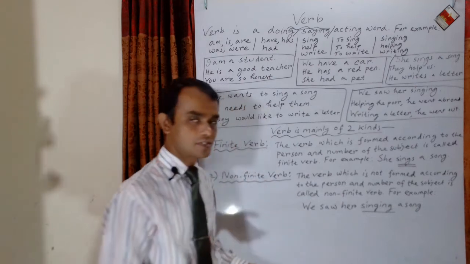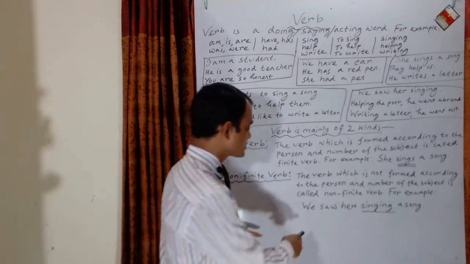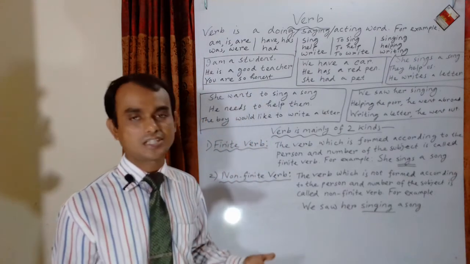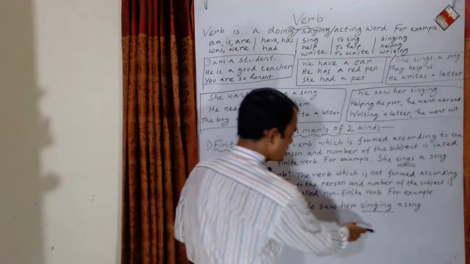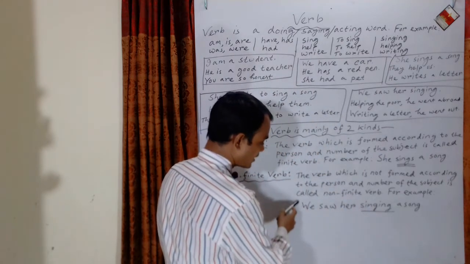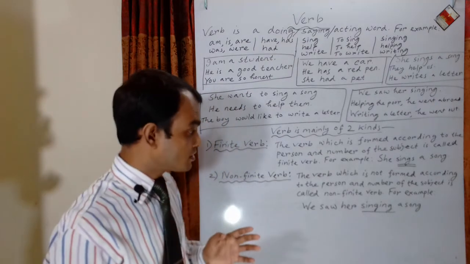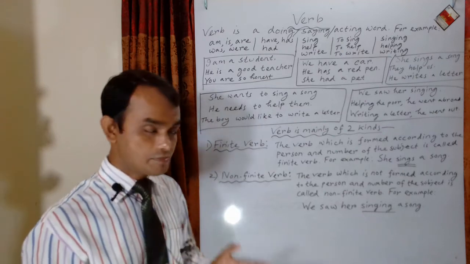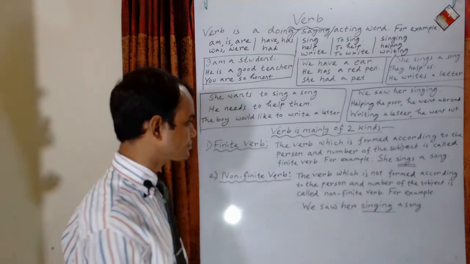Whatever the subject may be they, singing will be the same. Subject will be any person, the name of any person, singing will be intact, unchanged. The verb singing is not formed according to the subject, so it is non-finite verb.